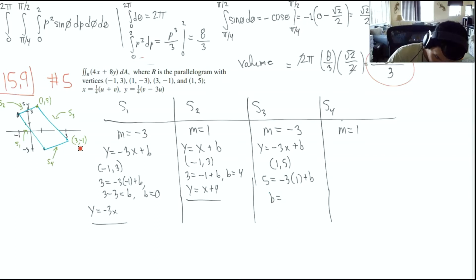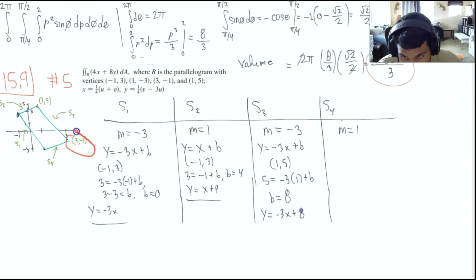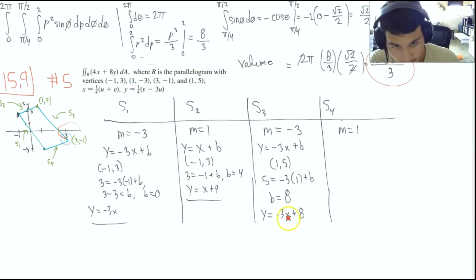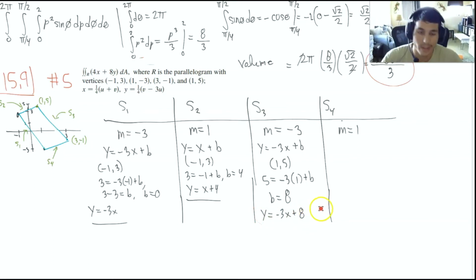You would add on the other side, is equal to 8. y is equal to -3x plus 8. And let's check if this is correct by using this point. If x was 3, this would be -9. Negative 9 plus 8, which is negative 1. Yeah, so this equation is correct. It does satisfy what we want.